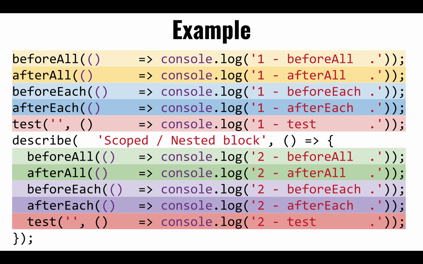In the describe, first the before all will happen, and the after all will happen right after the test. Then the before each will happen, the before each that's declared out here will happen, and then the test executes, and then the after each, and the after all will execute right after the test, and finally the after all at the bottom, something like that.